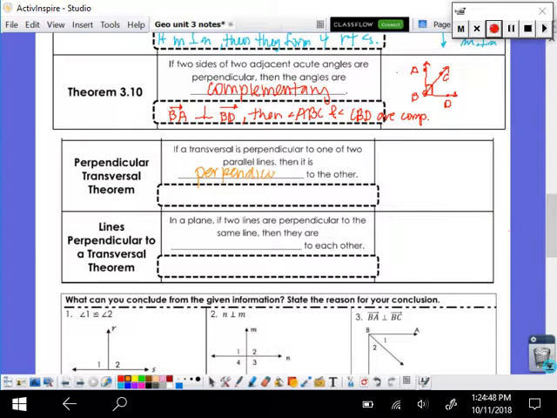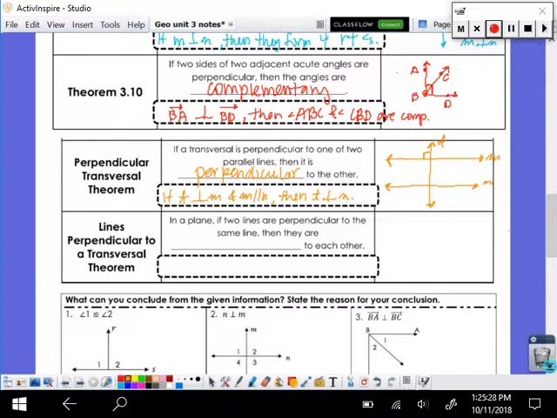So if T is perpendicular to M and M is parallel to N, then T is perpendicular to N. So we need two lines that are parallel, M and N. We need a perpendicular T, and we said that it was perpendicular to M. So since T is perpendicular to M, we also know that it's perpendicular to N.